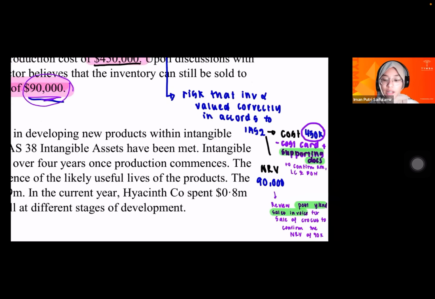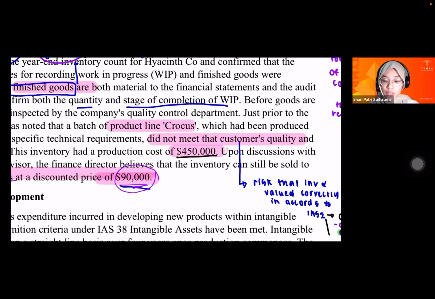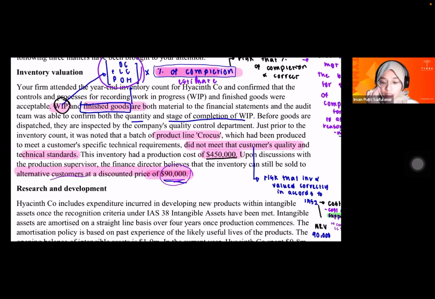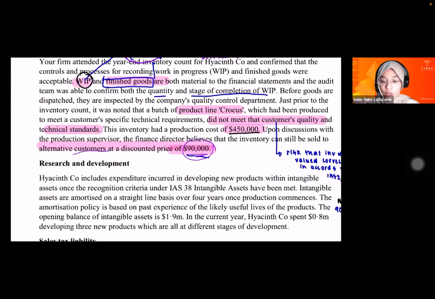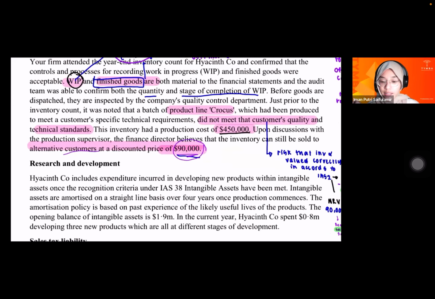Whenever there is an issue like this, it was noted that a batch has been produced that did not meet the quality and technical standards. Upon discussion with the production supervisor, the FD believes that the inventory can still be sold.